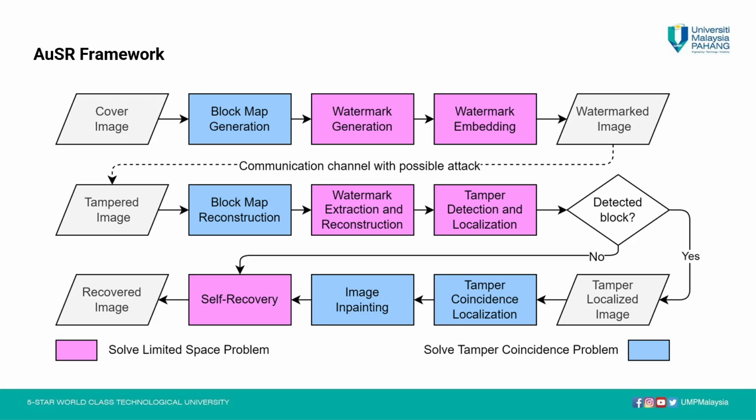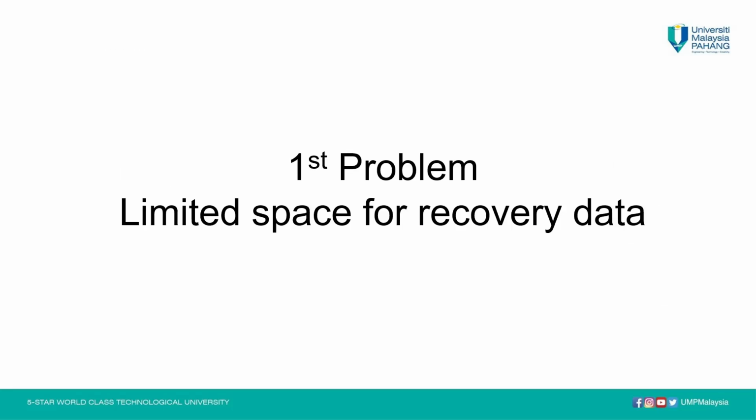Our algorithm detects the tamper localization from the tampered image, so we can clearly see which part of the image is already tampered or modified. After we localize the tampering, we use the image inpainting technique to recover the image to its original state, like this one. Okay, we'll discuss this. The first problem is the limited space for recovery data.